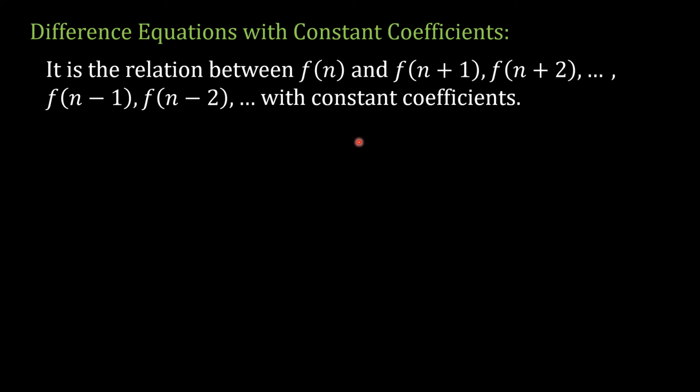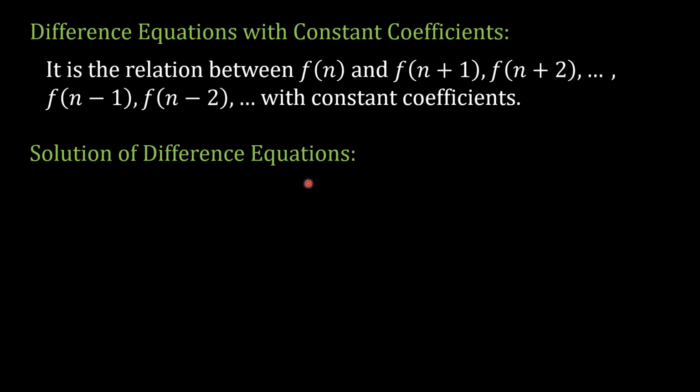The differential equation contains derivatives of different orders, and here in the difference equations we will have the terms f of n plus 1, f of n plus 2, and so on, f of n minus 1, f of n minus 2, and so on, and their coefficients must be constant.